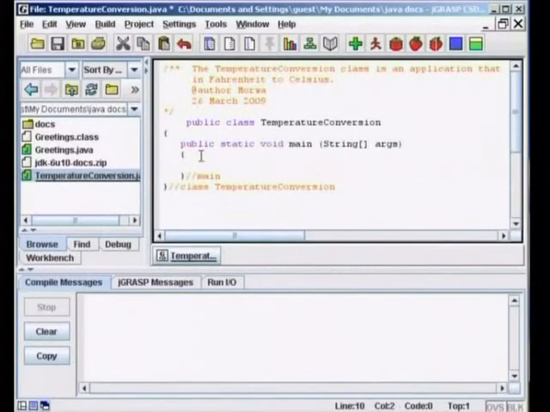Inside the main method, type System.out.println, open round bracket, double quotes, 50 degrees Fahrenheit is, space, close double quotes, close round bracket, semicolon.